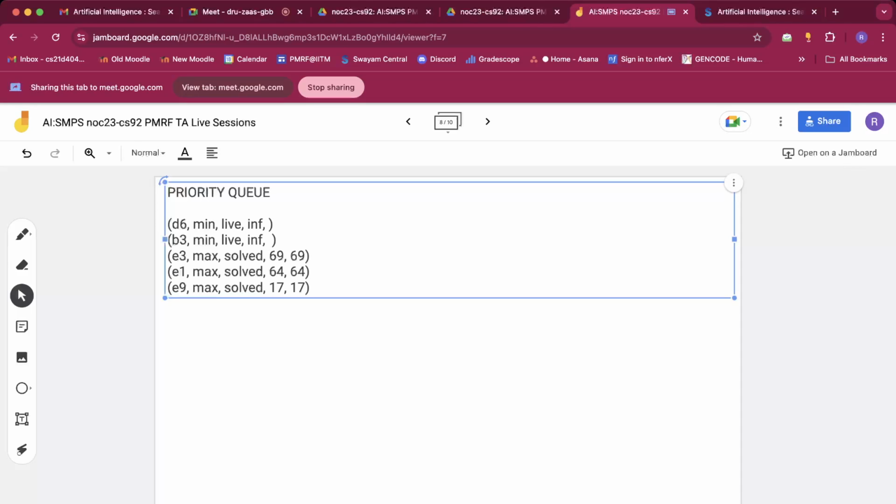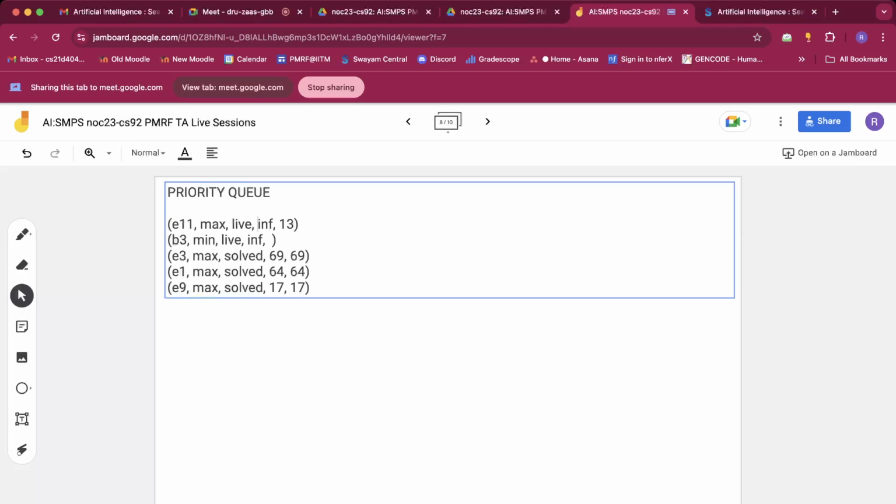Similarly, we will then pop D6, which will add E11, which will be a max node, again live, infinite bound, and a value of 13.